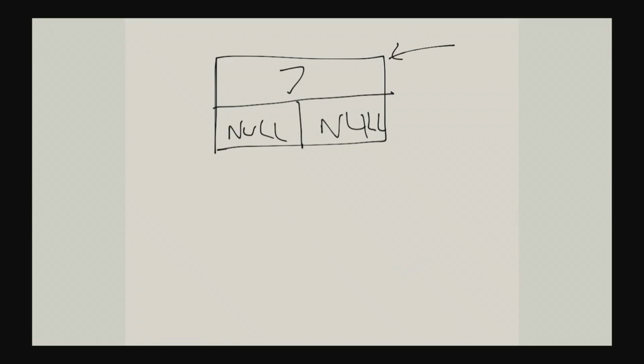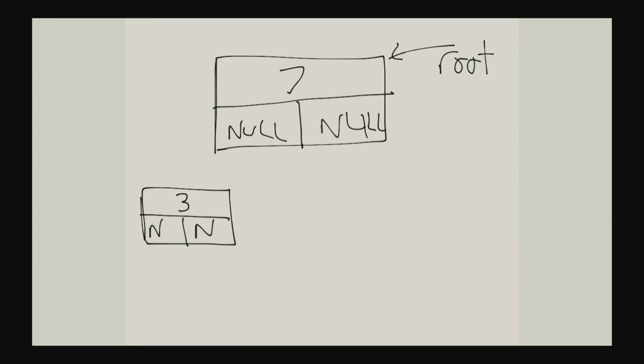So let's see if I can remember all that off the top of my head. So this is going to be our root up here. We'll have some pointer somewhere that we'll call root, and it's pointing to this guy. So now to make a new node, what do we have? 3 on the left. So we have a new node with 3, and it initially points to null. And now we want to make that go to the left of 7.